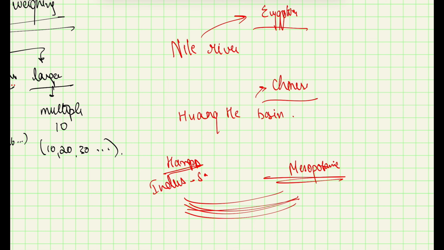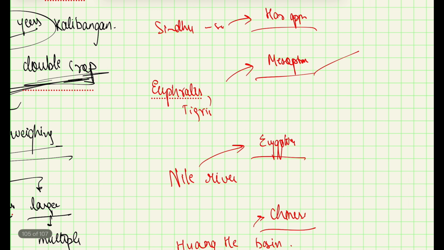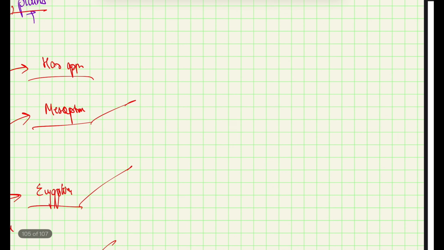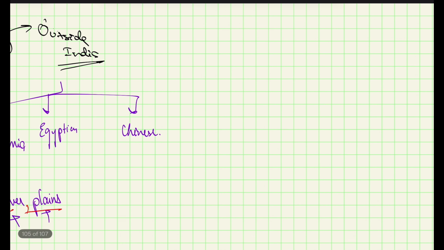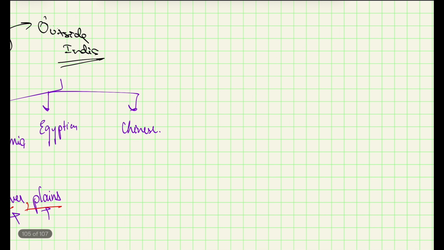Okay, so now we'll be studying one by one about all the three, that is Mesopotamia, Egyptian, and the Chinese. First, starting with the Mesopotamia.